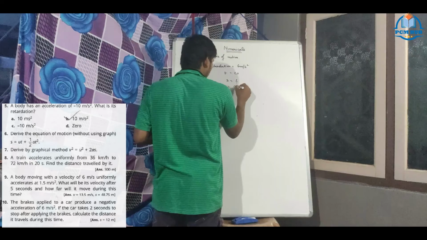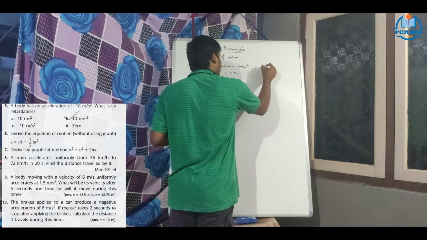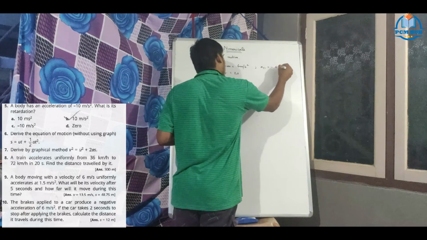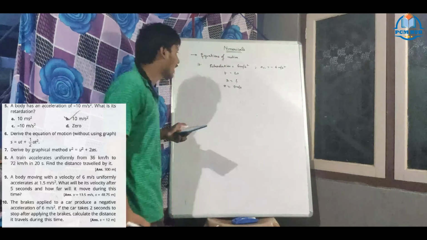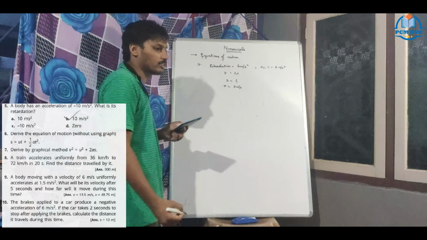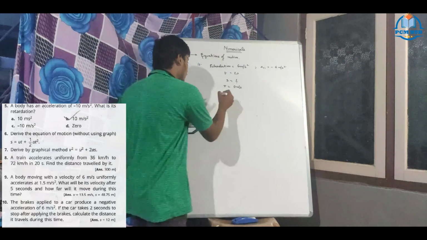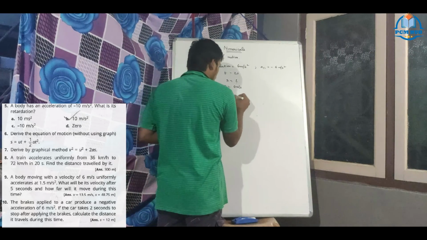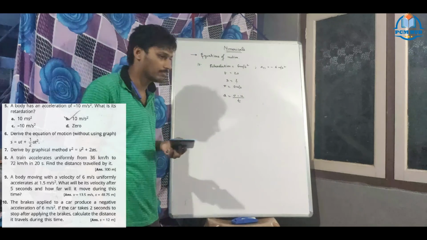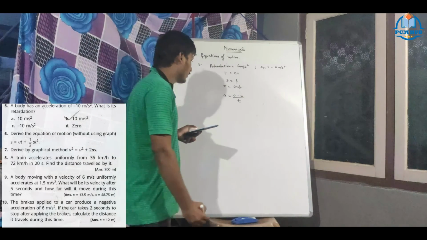V equal to 0 meters per second, and the acceleration equal to minus 6 meters per second squared. Retardation is the opposite of acceleration, so we have to convert it to acceleration. We use A equal to (V minus U) by T.